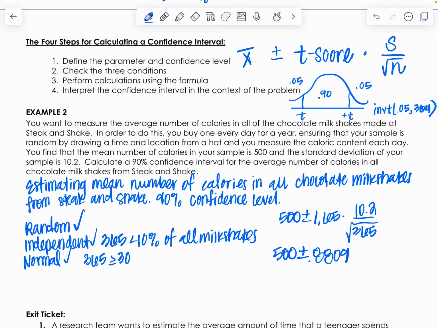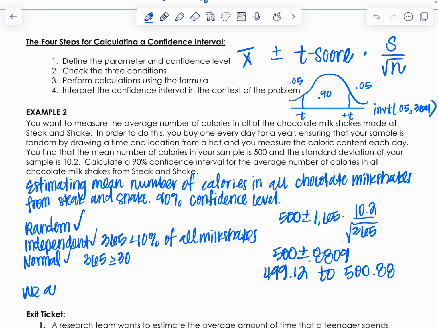So when we do 500 minus 0.8809, we get 499.119. So we'll say maybe 499.12. Then if we add, obviously we get 500.88. Okay, now we interpret.